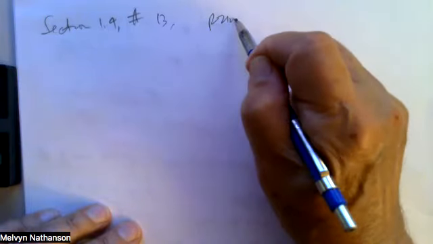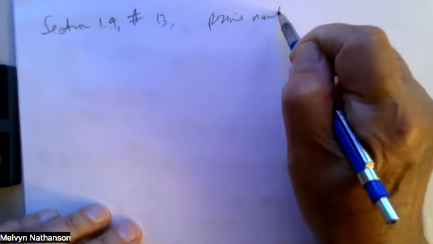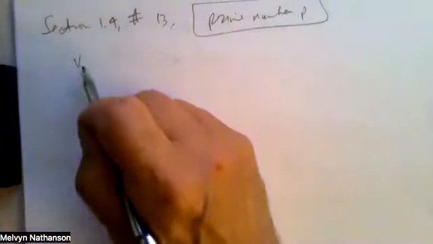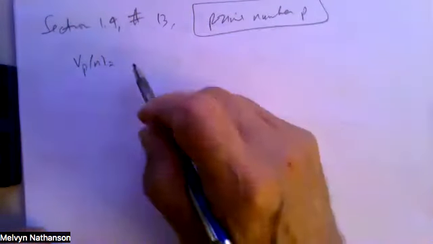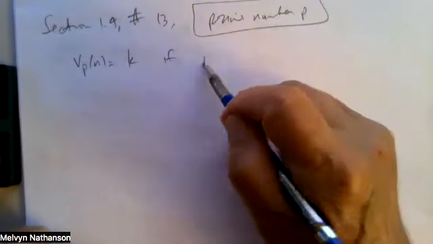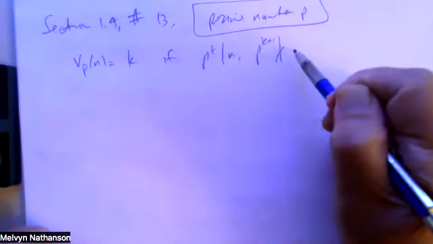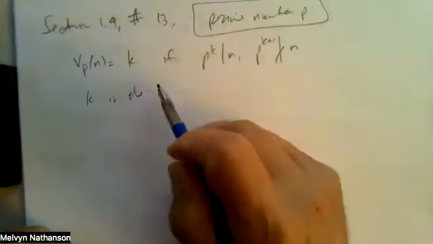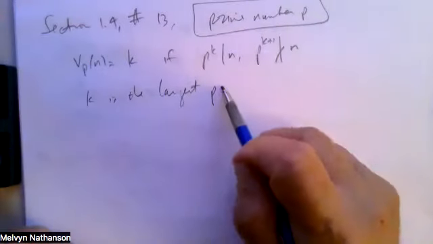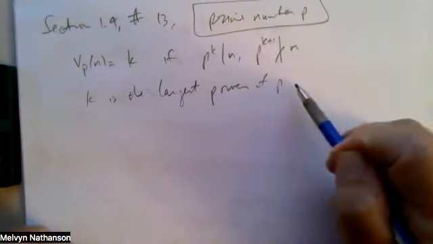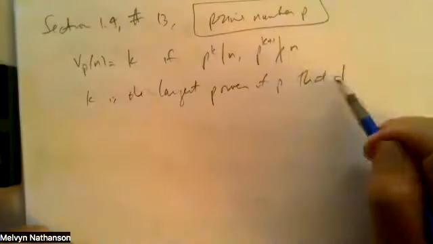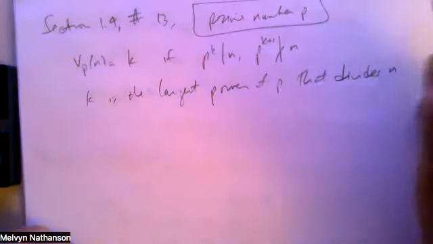So you fix a prime number p, and for every integer n, Vp of n is k if p to the k divides n and p to the k plus 1 does not divide n. So k is the largest power of the prime p that divides n.